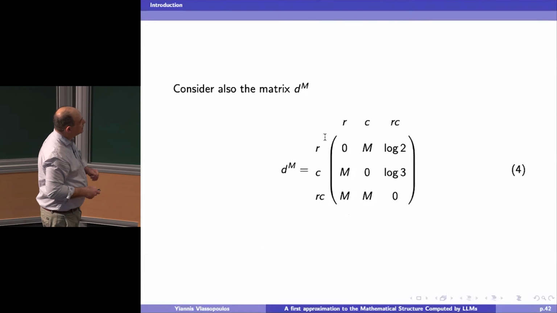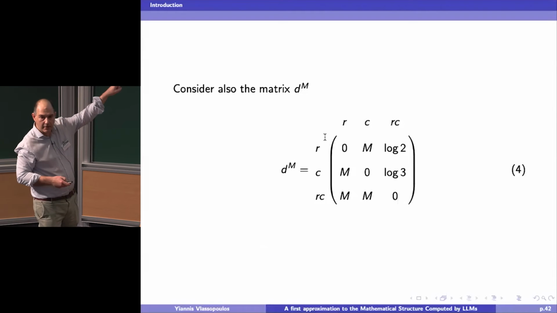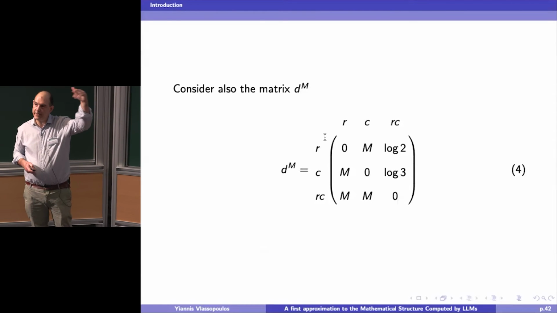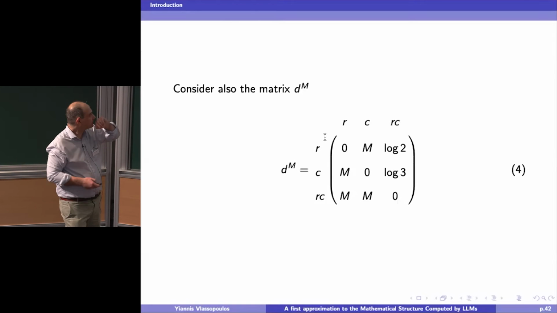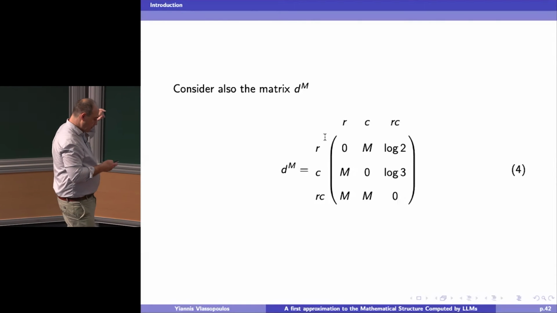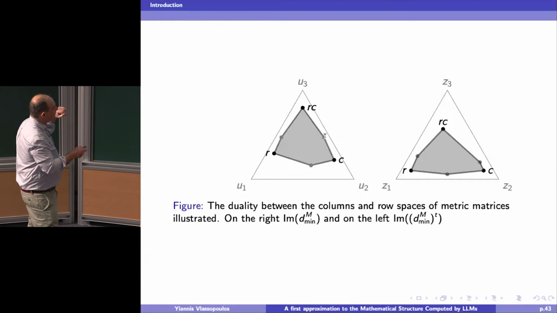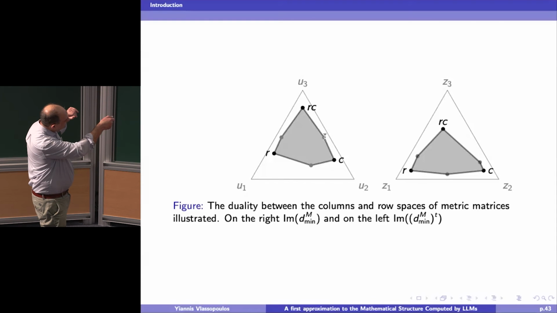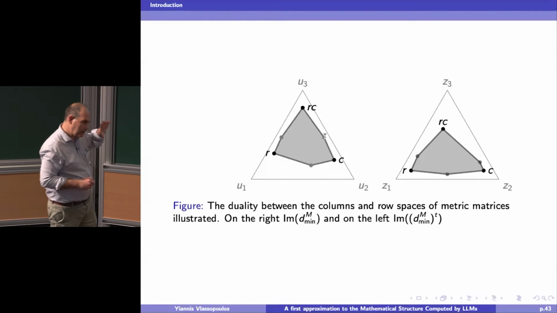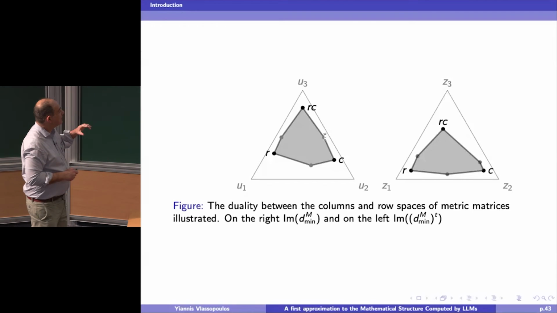Now, another thing you may want to do is approximate. Remember, we had this matrix where wherever these m's are, there was infinity. So a natural thing is to approximate this infinity by some big number m. And then you can also draw these Q of L's and P of L's. You see on the left that now the number of vertices is equal, because when you have a finite matrix, the number of vertices is preserved under the map x goes to minus x.